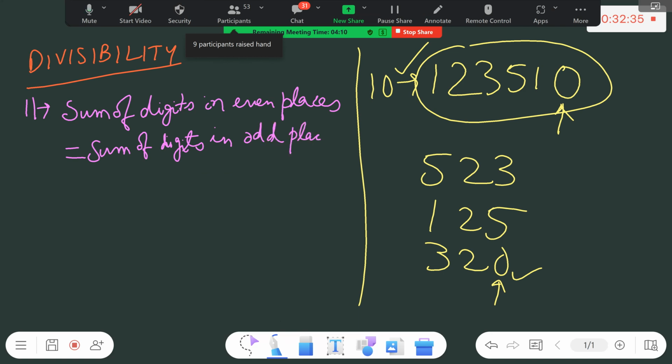Okay. Sum of the digits in even places should be equal to sum of the digits in odd places. Then your number is divisible by 11.